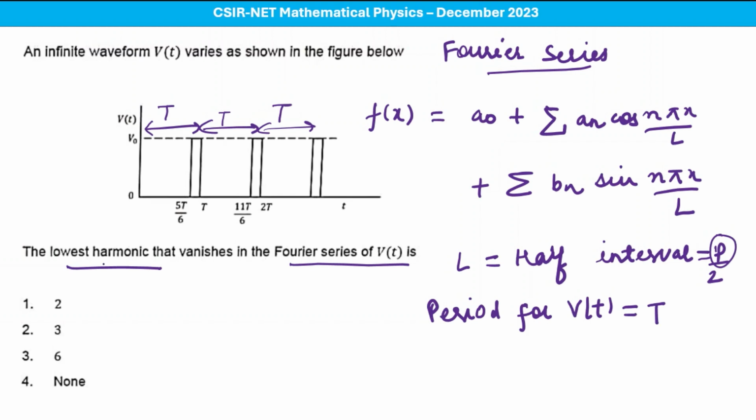Now it is asking for the lowest harmonic that vanishes. So the harmonics are, we define the first harmonic for n equals 1. So for n equals 1, we will have two coefficients a1 and b1.